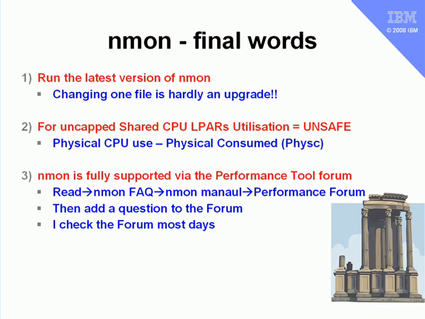Number 2 is for uncapped shared CPU logical partitions. The utilization numbers are fundamentally unsafe. They are not going to tell you how much CPU time your logical partition is using. This is because as you get up to your entitlement, the utilization number gets to something like 95%.